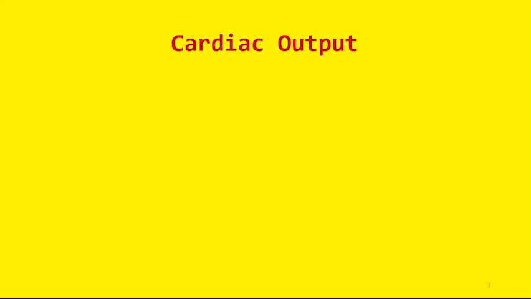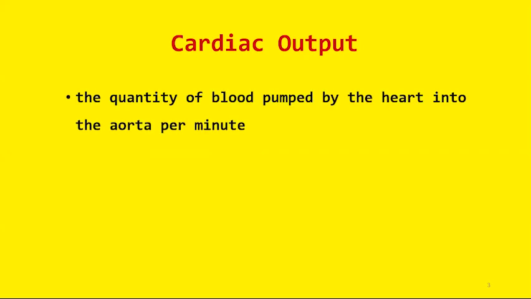By the term cardiac output, we simply mean the amount of blood pumped by the heart in 1 minute. The amount of blood pumped by the heart in 1 minute. This is the definition, the simplest of all definitions.